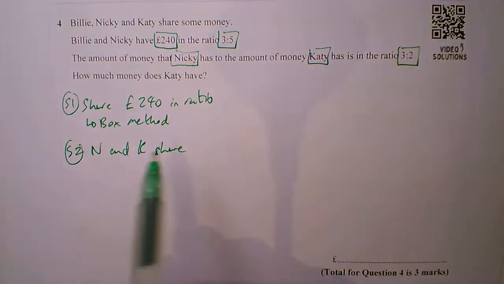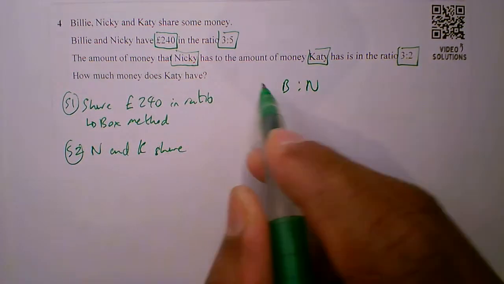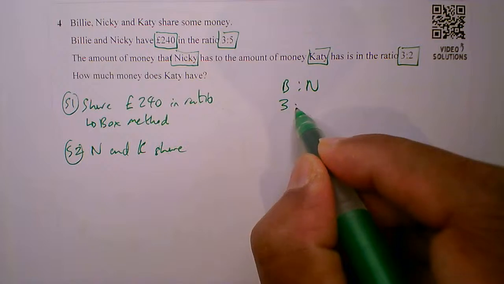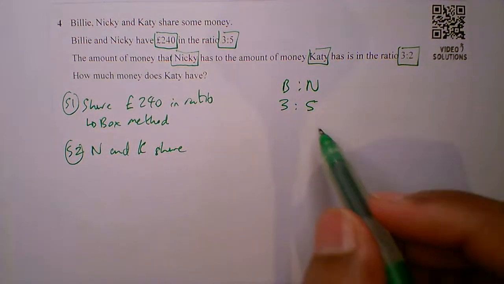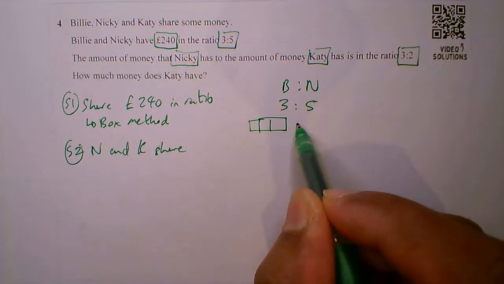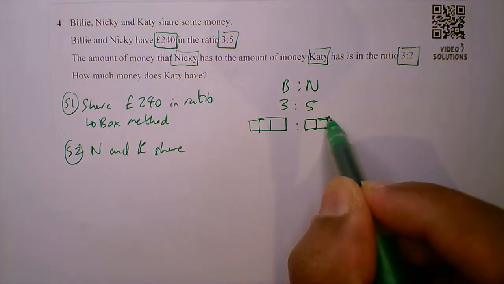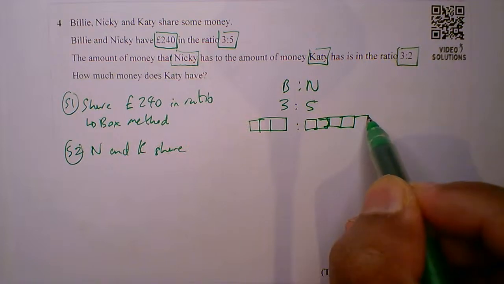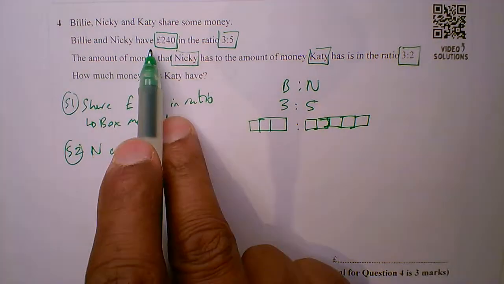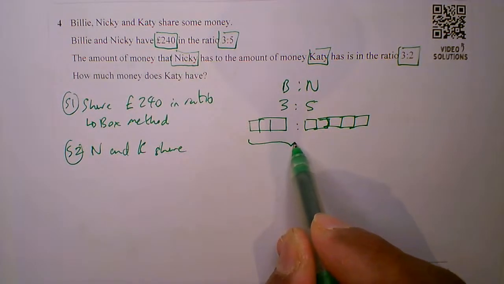So let's look at step 1 now. So Billy and Nikki, B to N is 3 to 5. Okay, so I'm just going to draw 3 boxes here to represent Billy. And Nikki has 5. 1, 2, 3, 4, 5. Billy and Nikki have £240. So 240 represents all of this.